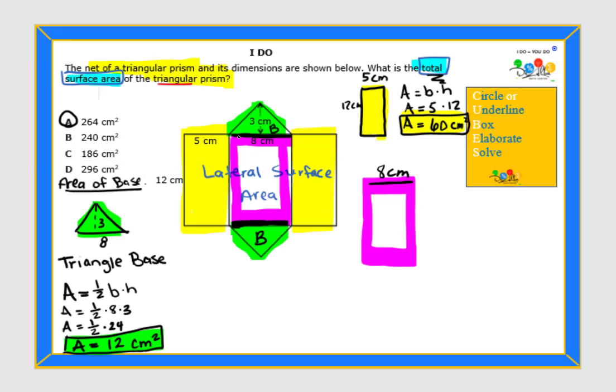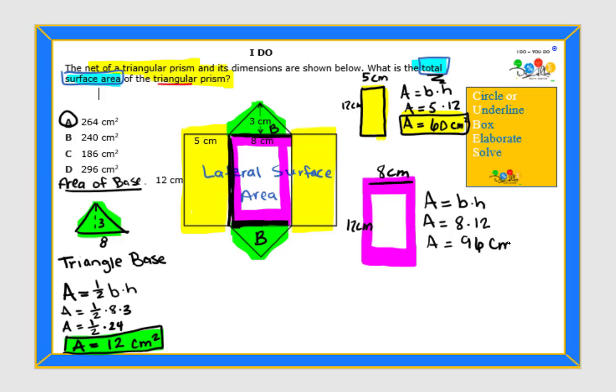I also can see that the height of the yellow rectangle and the height of this rectangle are the same. So that would be 12 centimeters. So now I know this is a rectangle, so I'll use my formula to find the area of a rectangle, base times height. So the area is 8 times 12, and 8 times 12 is 96.